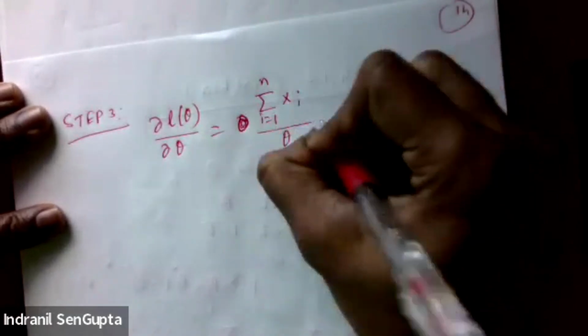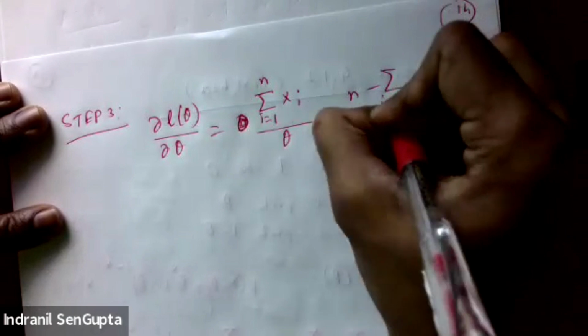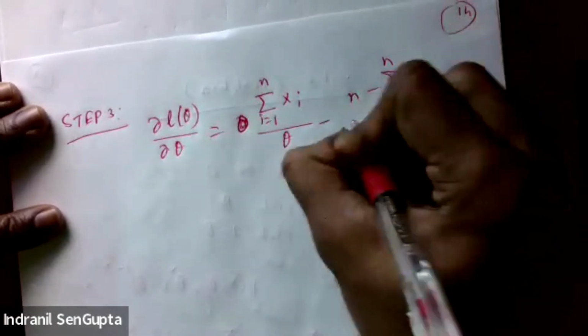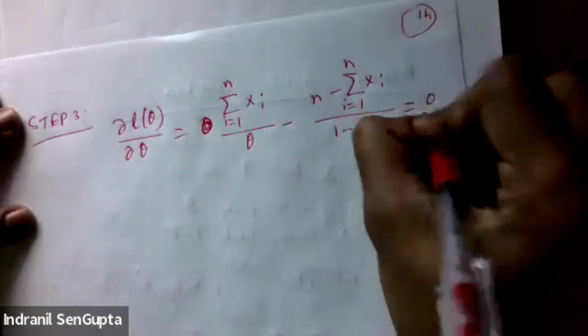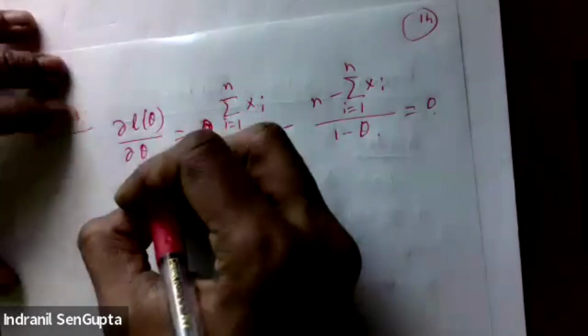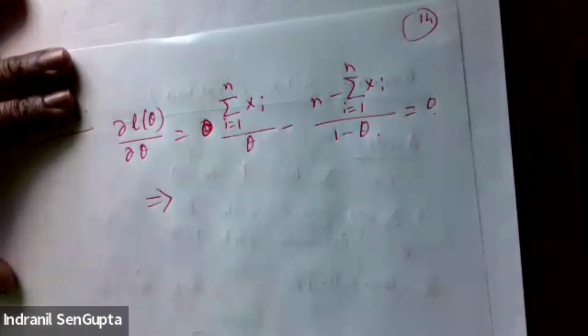Step 3, where we compute the partials and equate them to zero. So the partials will be the summation of xi, i from 1 to n, over theta, minus n minus the summation i from 1 to n of xi over 1 minus theta. If I set that to 0 and solve for theta, let's see what we get.